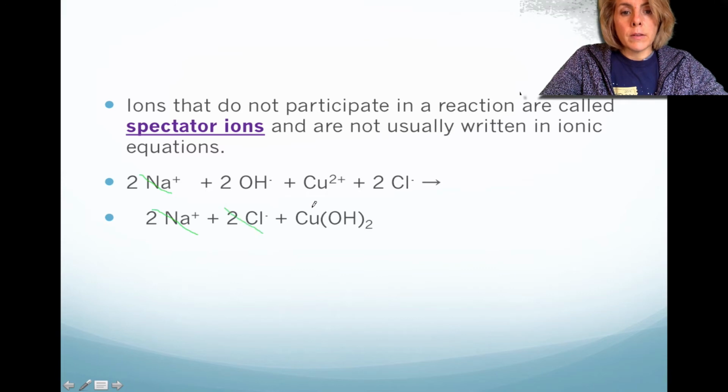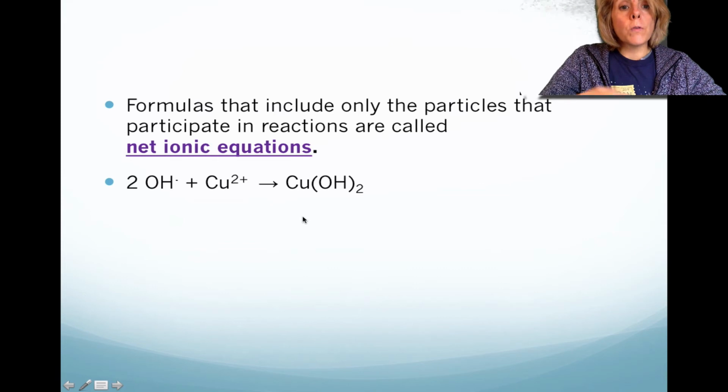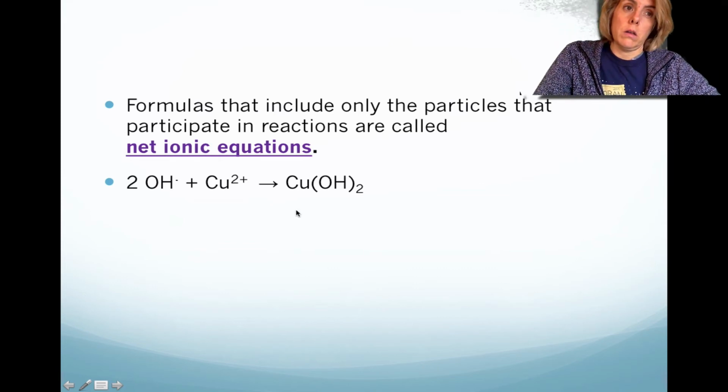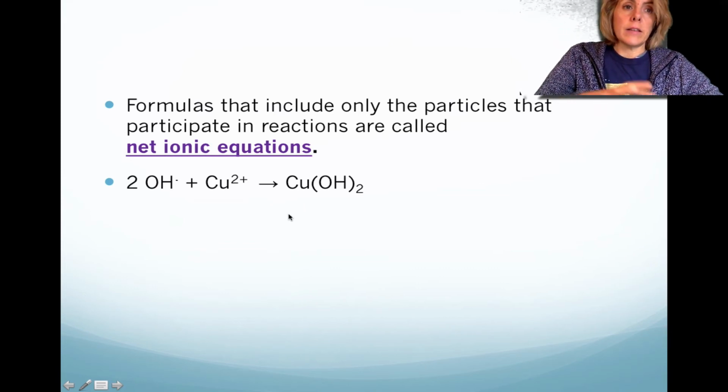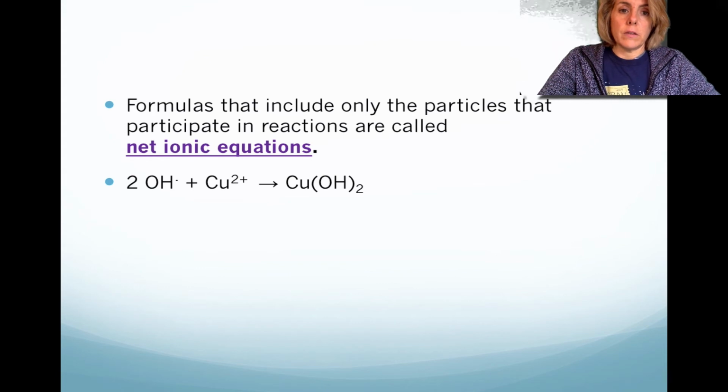And I'm going to separate out chlorine. Notice that it appears on both sides of the arrow. However, I have OH minus and copper 2 plus. They do not appear on both sides of the arrow. And I have copper hydroxide, which is different on the other side of the arrow. So the overall equation that we call net ionic does not contain repeating elements on either side. So that's how we figure out what the net ionic equation is.